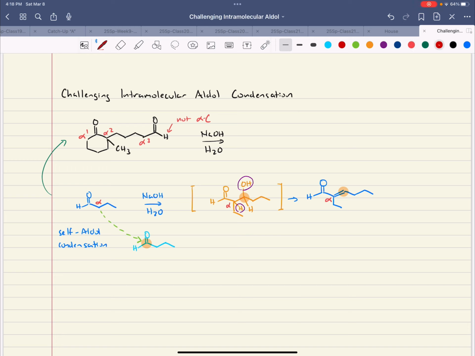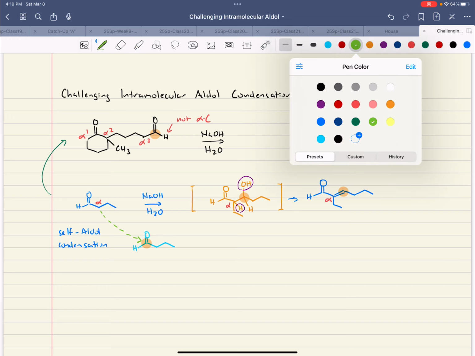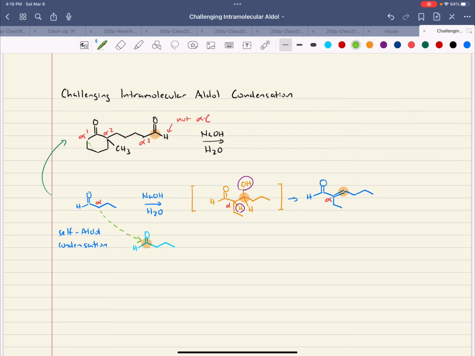Now, if we look carefully, if I use alpha 1 and I do the same exact analysis, I'm going to be attacking this carbon right here. And the problem is that the bond between that alpha and this dot is 1, 2, 3, 4, 5, 6, 7, 8 carbons long.